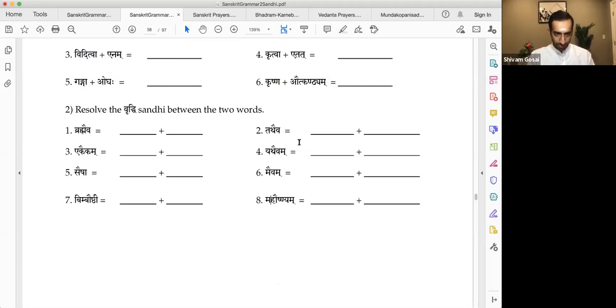Number 7, bimboshti. So this is bimba and oshti. I don't know what oshti means, to be honest. So we'll have to look that up.